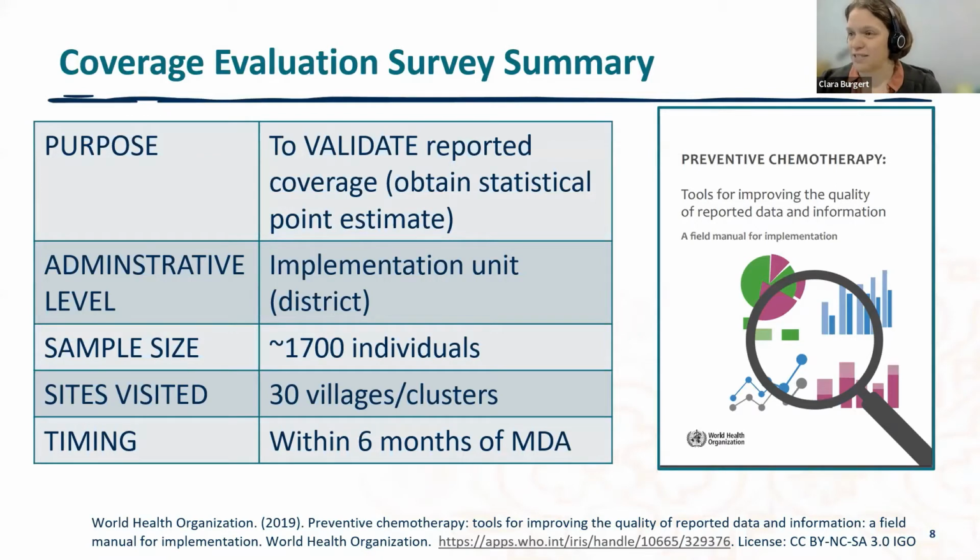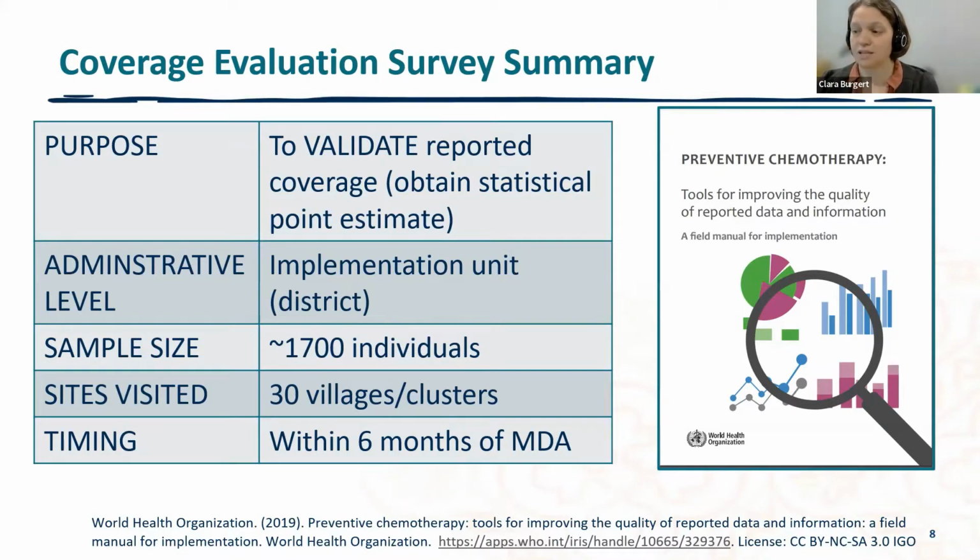The main purpose of a CES is to validate the reported coverage and to obtain statistical point estimates and be able to estimate also the confidence interval potentially. Usually the implementation unit or district is the level at which the survey is representative. The sample size is around 1,700 individuals, give or take.